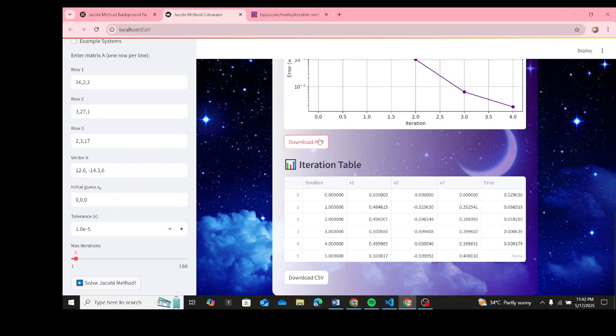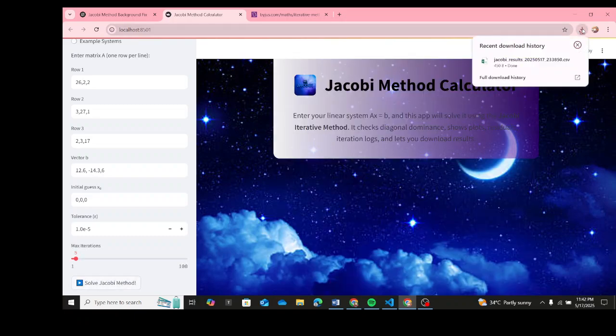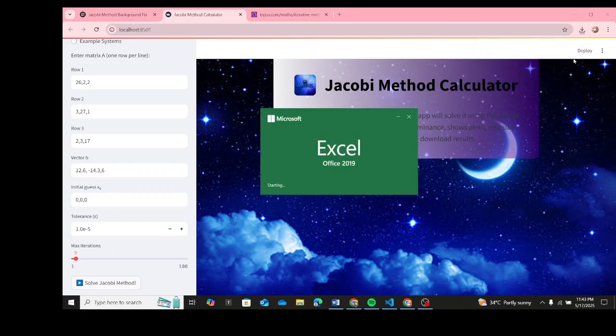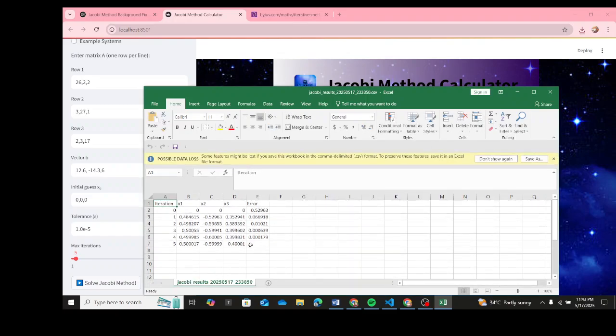So here you can download the plot and also download the CSV. When you download the CSV, you can save your answers. Here we go.